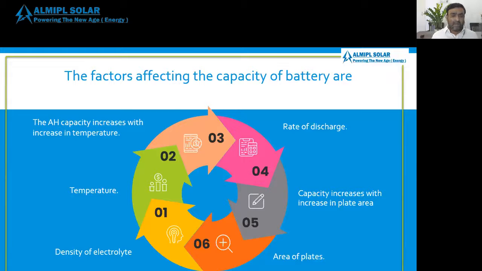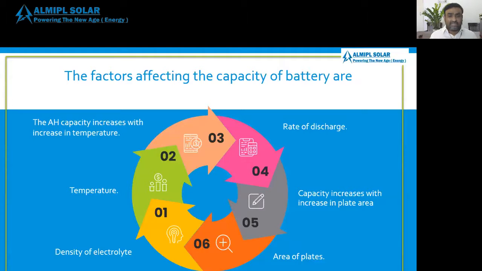Density of electrolyte: we already discussed that H2SO4 density needs to be minimum 40% to 60%. We need to keep the density. How can we see the density? We can see it later with a hydrometer. We can take the calculation.